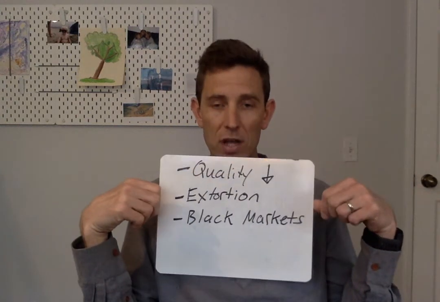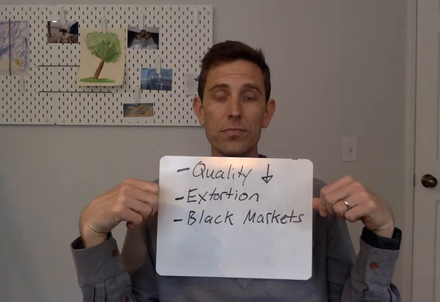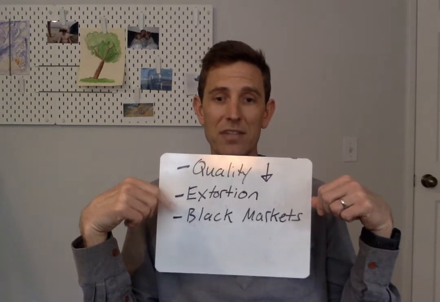Landlords recognize this and don't take on those extra expenses to keep up apartment quality. And so because of this artificial shortage, one consequence of rent control is that you can expect apartment quality to go down.